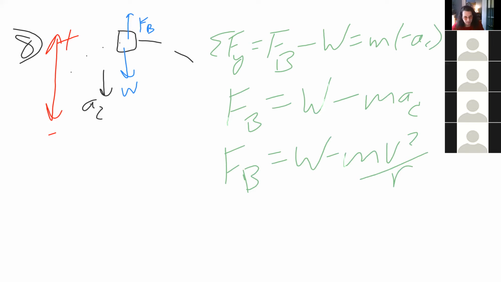There's no r underneath the weight. And yeah, we have everything that we need there. If you plug in the two different speeds given, one of them will give you a positive, and the other one will give you a negative, and you just put those right into your answer.